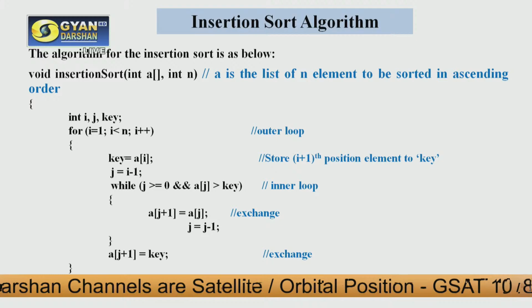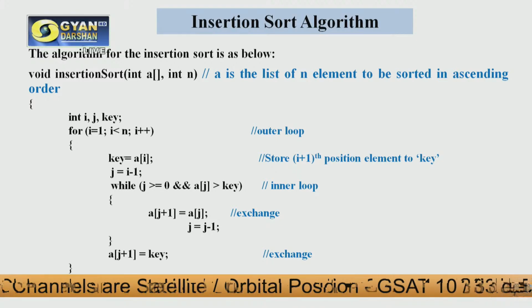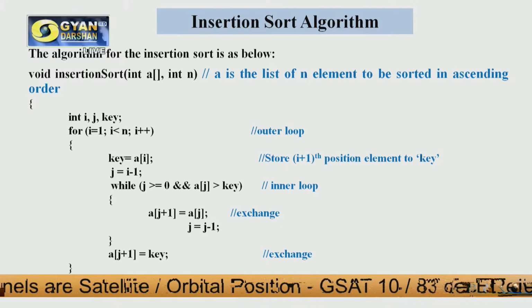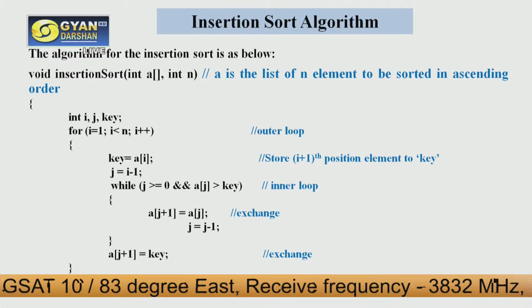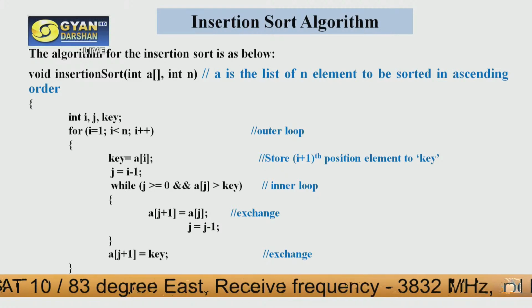The while loop initialization is done from j equal to i minus 1. So if i is 1, then j will be initialized as 0.